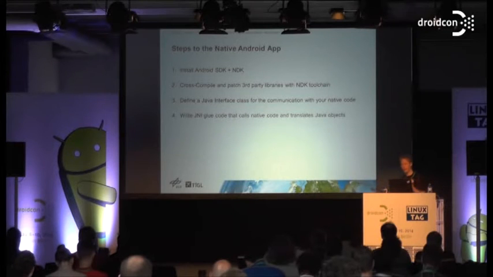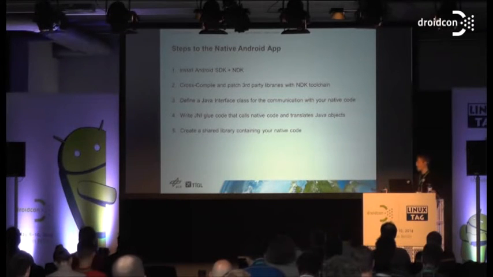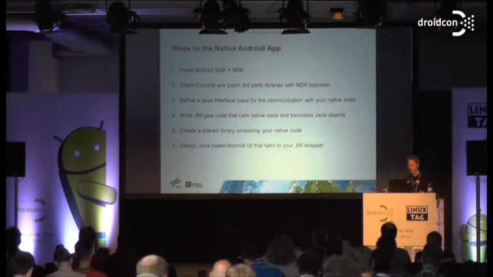Then you have to write by hand a glue code in C++ which connects the Java interface and the C++ code. So that's the JNI glue code. Then you're creating or compiling a shared library which you can use by calling from Java.